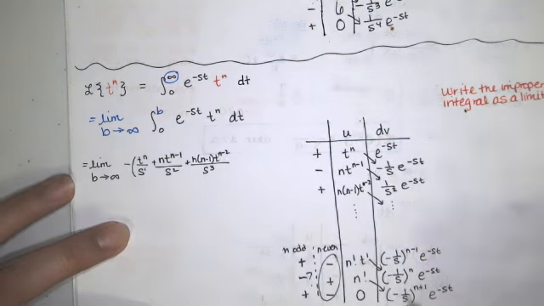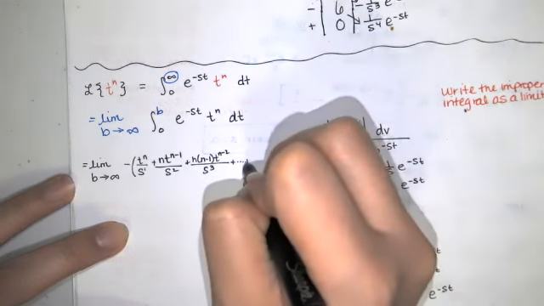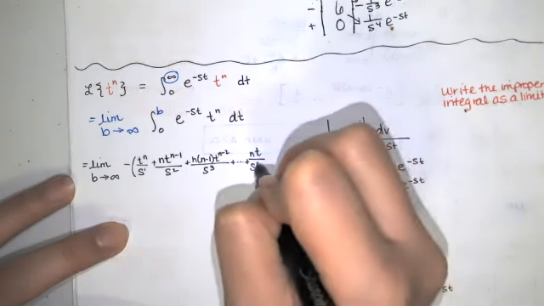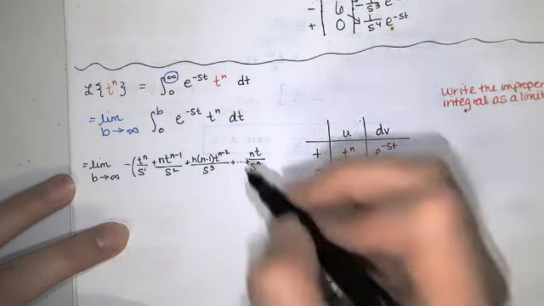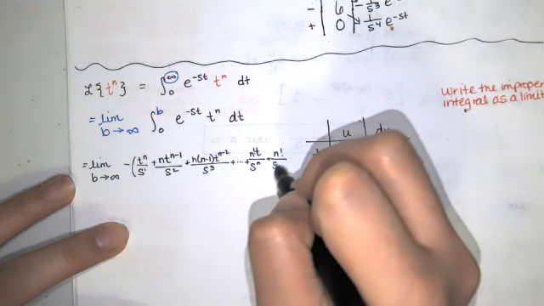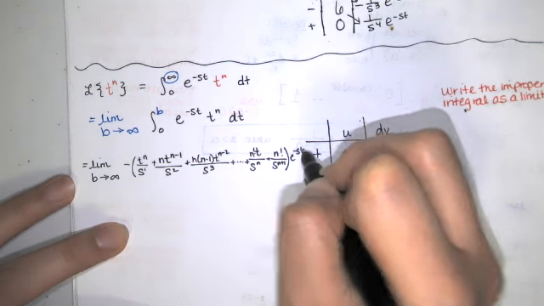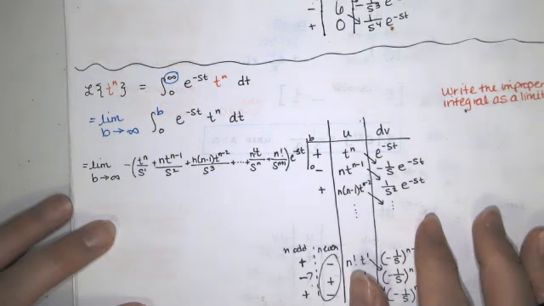Eventually, you're going to end up with an n factorial times t to the first over s to the n. That's from this guy. And then you're going to have, that's an n factorial. Then you'll have an n factorial over s to the n plus 1 here times the exponential e to the negative st. I've sort of run out of space.